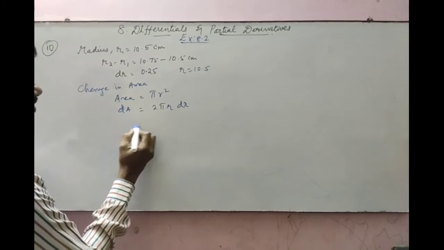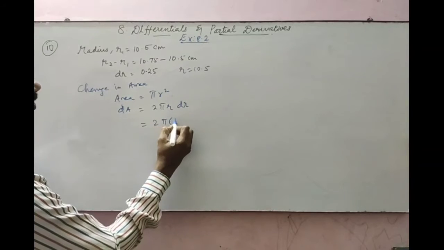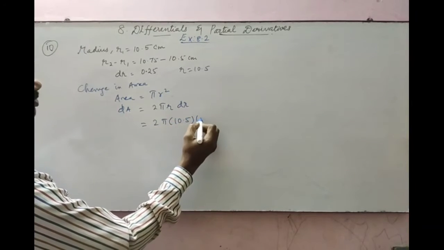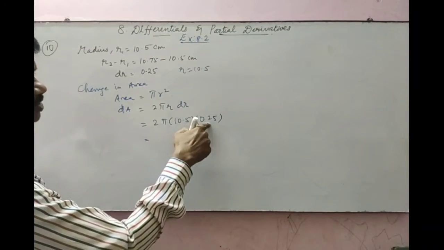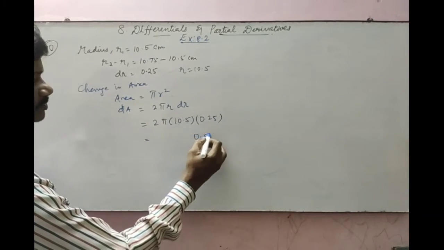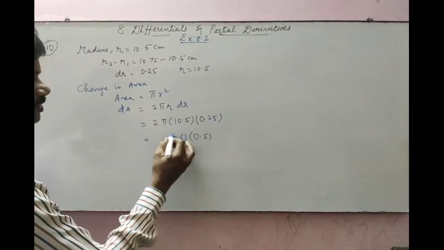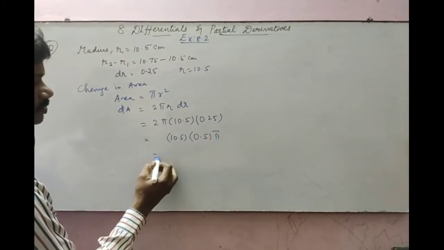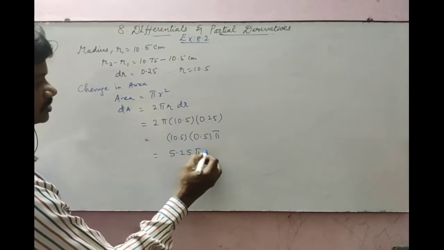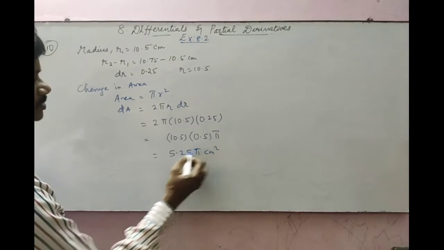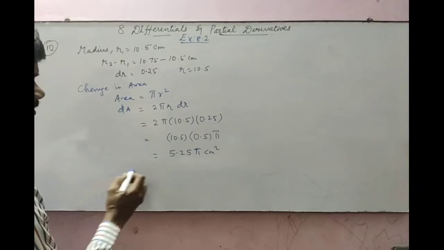So change in area dA is equal to 2 into pi into r, that is 10.5, into dr is 0.25. If you multiply this 2 with 0.25, you will get 0.5 into 10.5 pi, which is 5.25 pi centimeter square. This is the change in area dA.